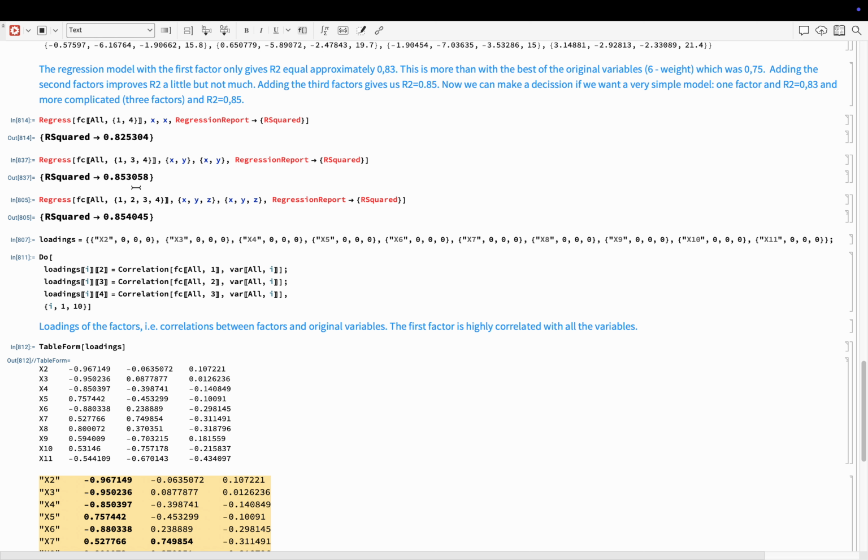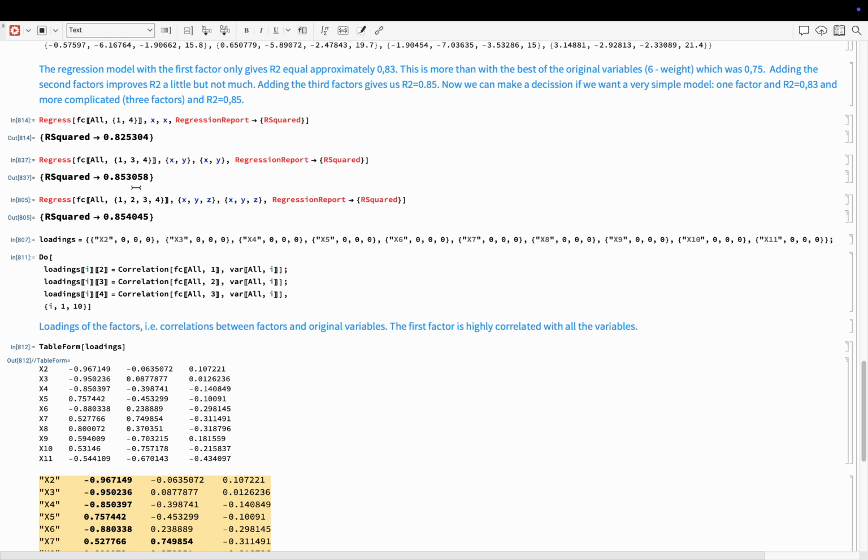For comparison, when we selected variables for the multiple regression model from among the original variables using one of our selection procedures, we got R squared on the level of 0.84.